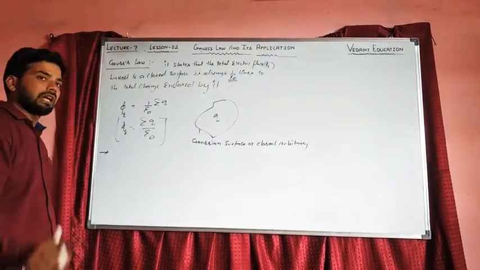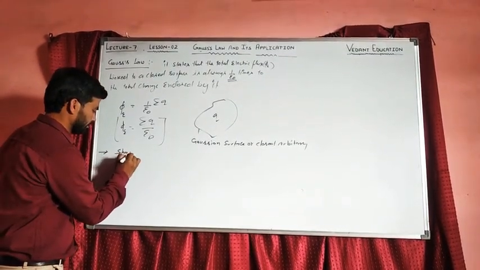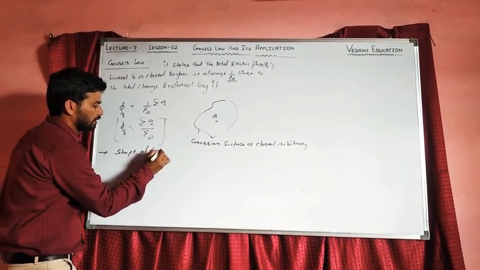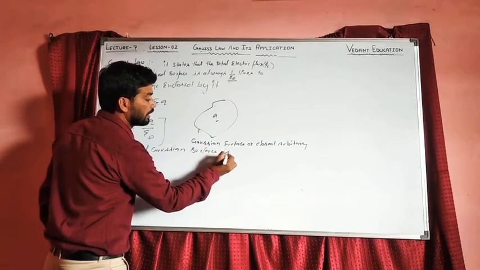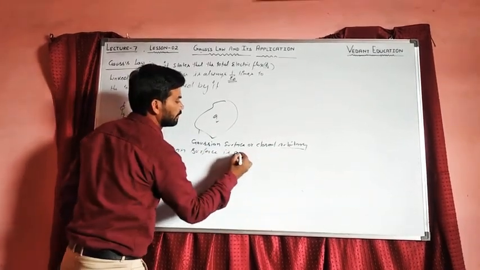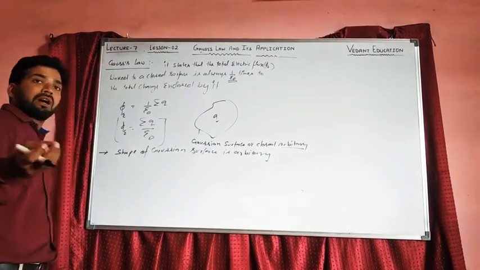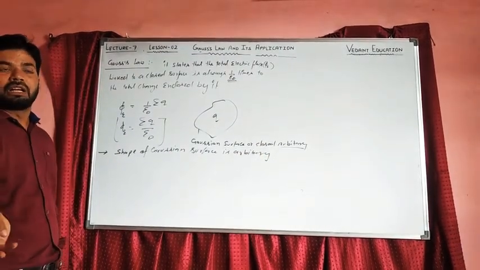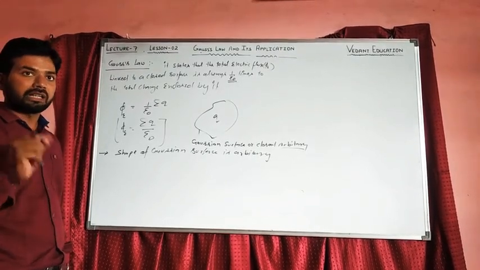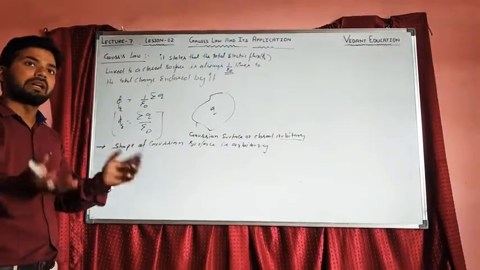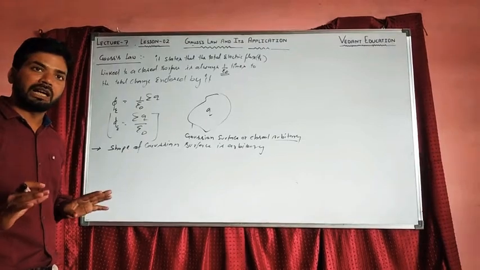Shape of the Gaussian surface is arbitrary. It could be of any shape, like cylindrical, spherical, cone, cube, rectangle. Gaussian surface could be of any shape. ये किसी भी शेप का हो सकता है, right?